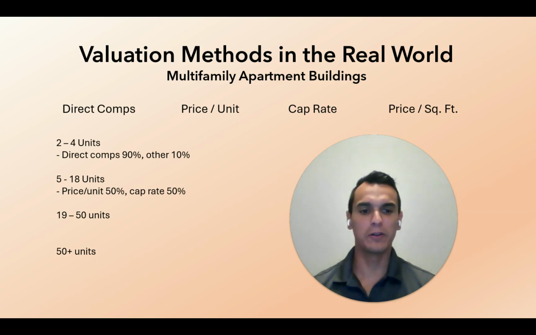Perhaps it is a new build with larger units than anything else in the neighborhood. And by that information, you could say, hey, maybe it is justified in paying that price per unit. So usually I like to use them in tandem, especially for these lower unit counts above 5 units.